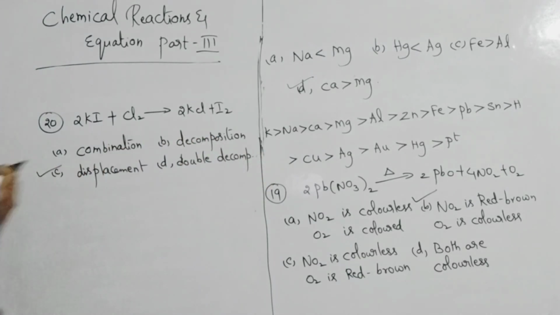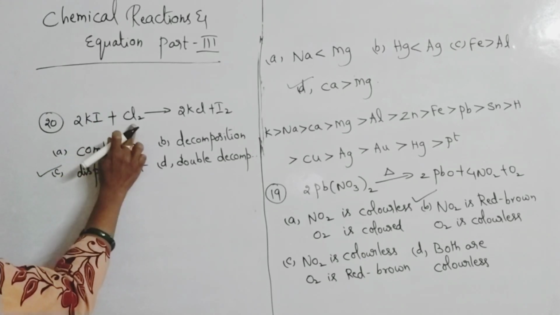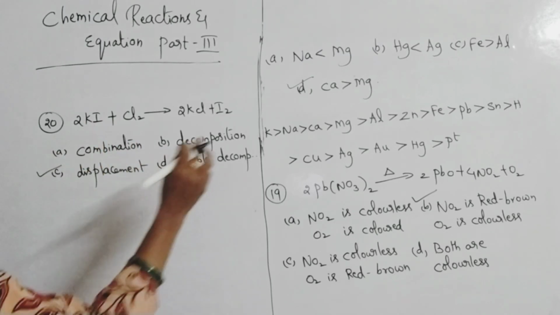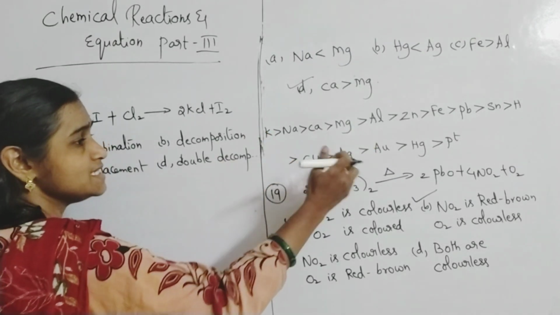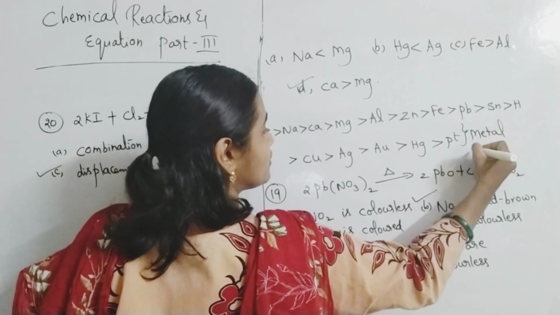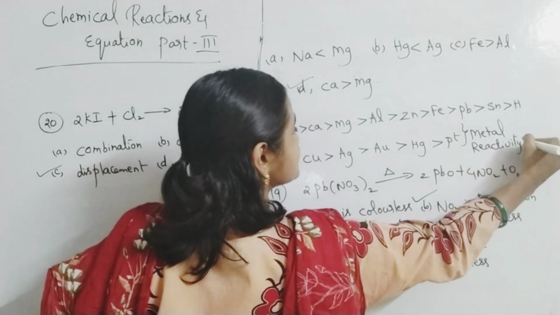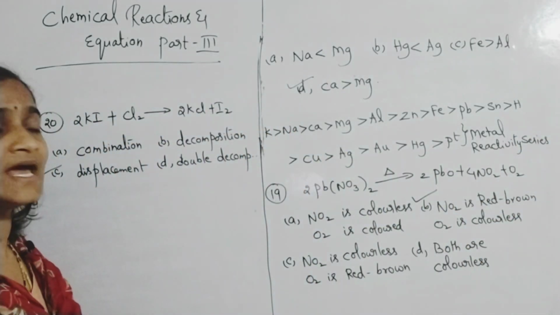Displacement reaction. Here chlorine is a non-metal, but still it is a highly reactive non-metal. It is displacing a less reactive non-metal here. I told you only the metal reactivity series. Please remember, that is there on the board only. Displacement happens mostly in the metal reactivity series.